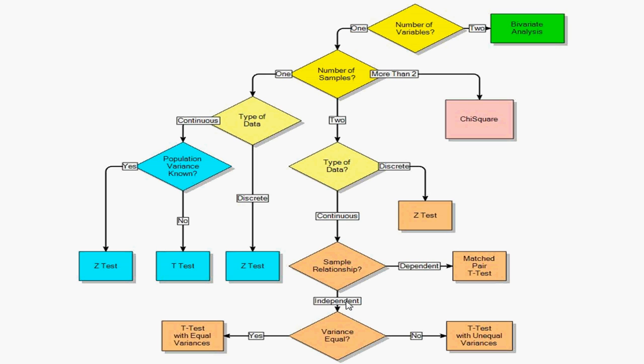If it's independent, then we have to check one more situation, and that is something about what's the variance like. And we do that through an f-test. An f-test is nothing more than a ratio of variances and allows us to determine whether they are similar or not. And if the variances are considered to be equal, then we run a t-test with equal variances. And if they're not, we run a t-test with unequal variances.